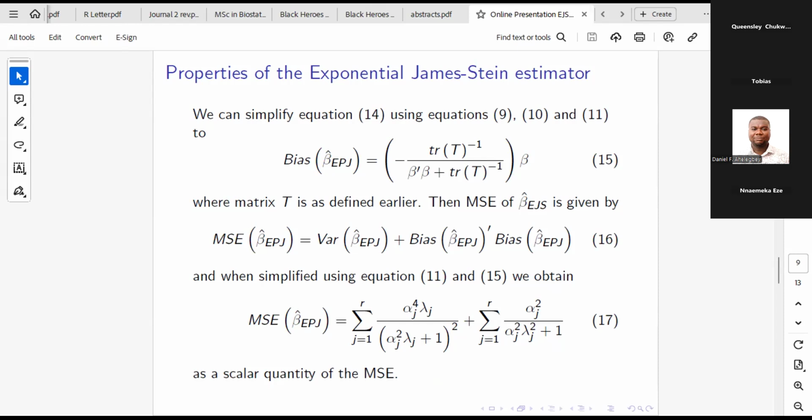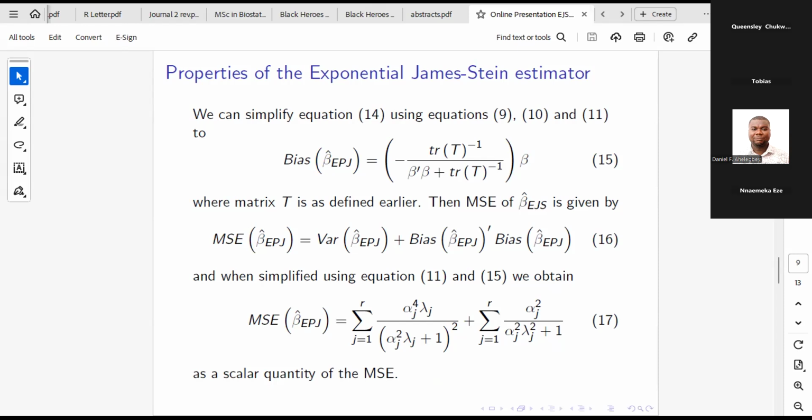Then with the bias in place, we would have the mean squared error of the exponential James-Stein estimator given by the variance of the exponential James-Stein estimator. Sorry, where this P is supposed to be S, plus the bias of the exponential James-Stein estimator, which is represented by equation 16.